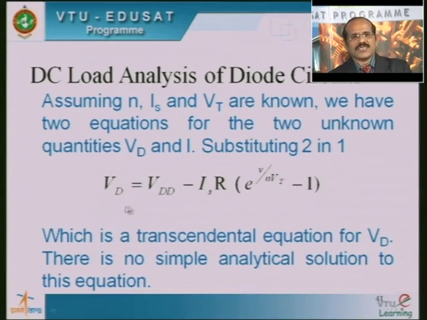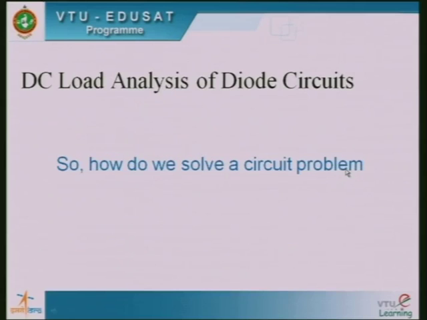This equation is a transcendental equation for Vd. A transcendental equation usually consists of exponential terms and trigonometric functions, and usually there is no simple analytical solution to this equation.